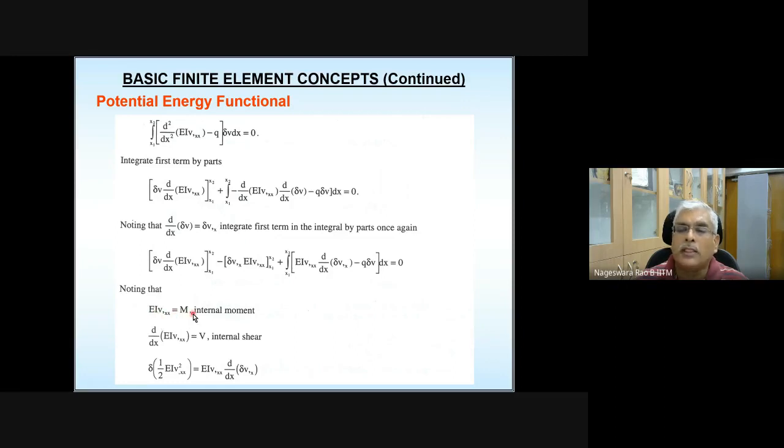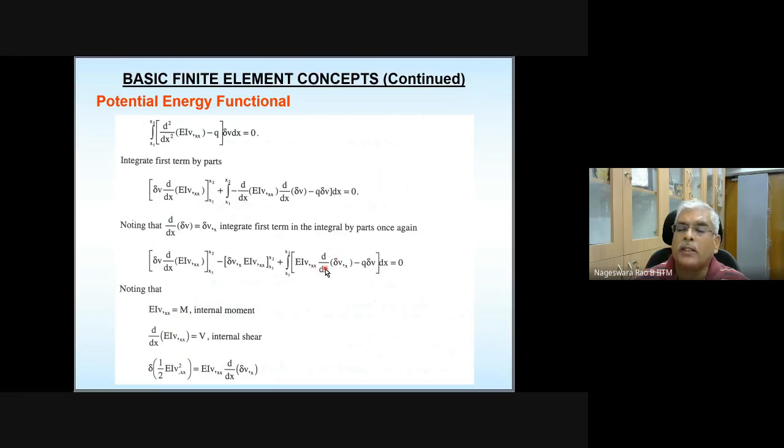And if you take one more derivative on that, the derivative of moment gives you shear. All these quantities are noted here, because to simplify this further, we need to understand what each of these terms stands for. And also you have this kind of term here.